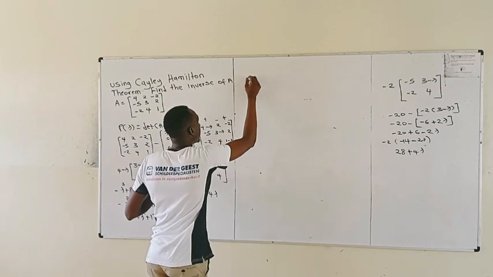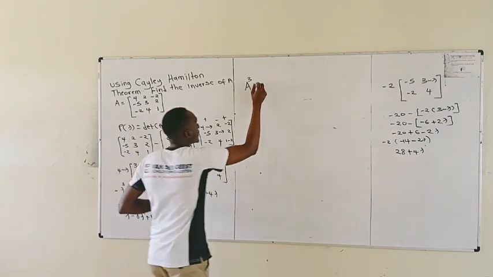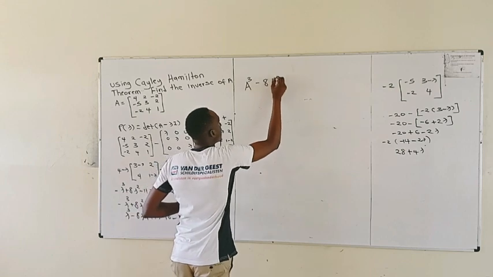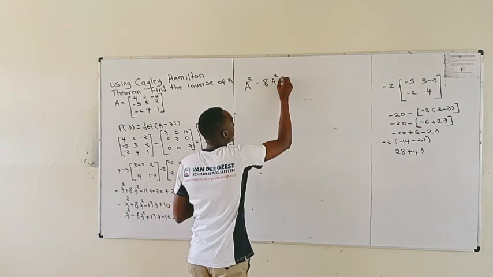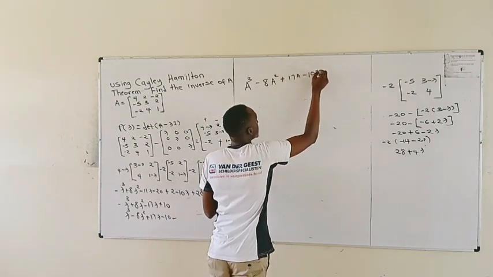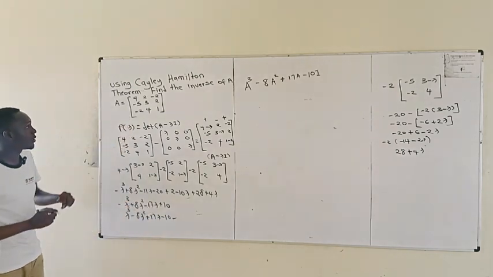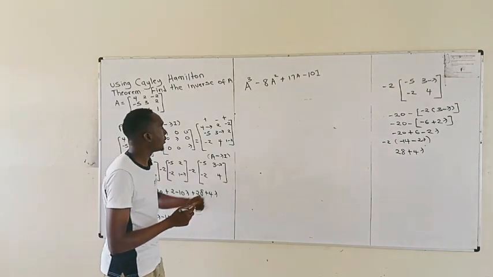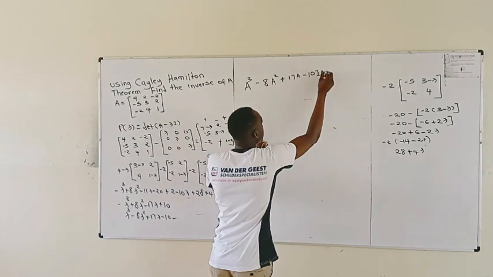So we have A cubed minus 8A squared plus 17A minus 10 times the identity matrix. By the Cayley-Hamilton theorem, when you substitute lambda with A, it will be equal to 0.